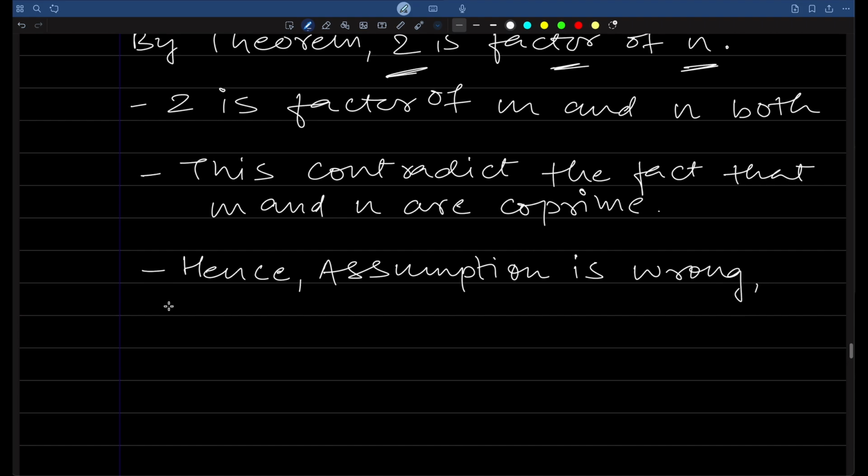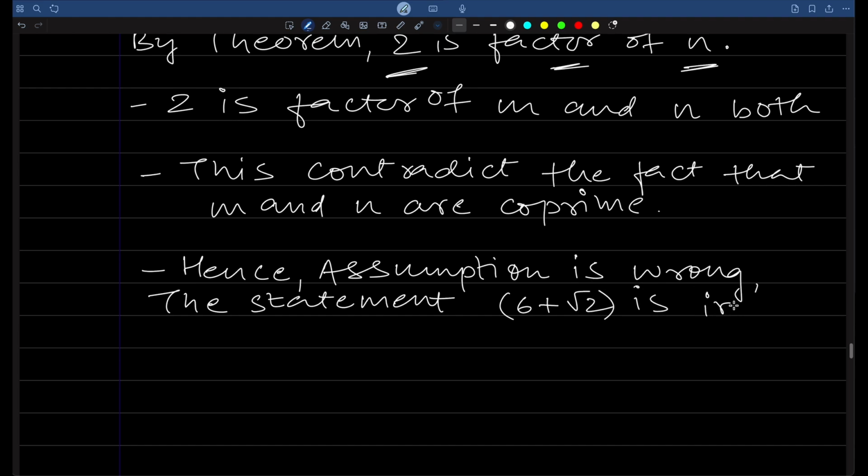And the statement that 6 plus root 2 is irrational is true.